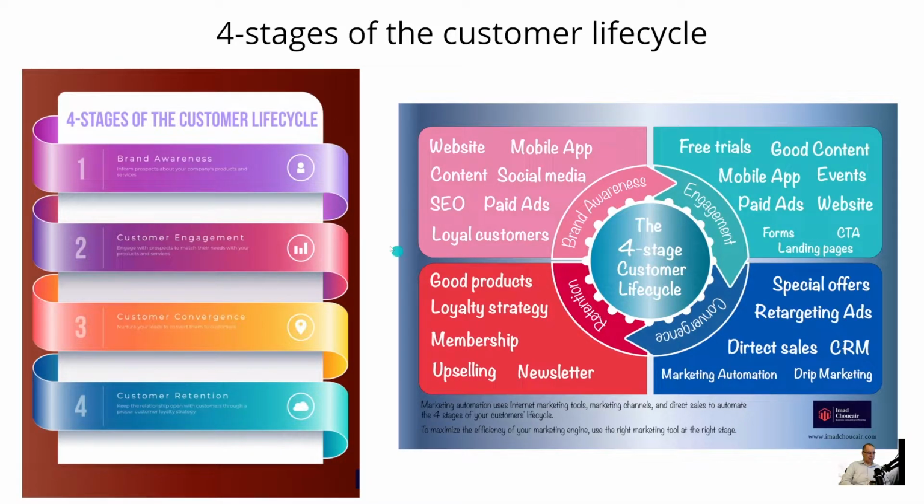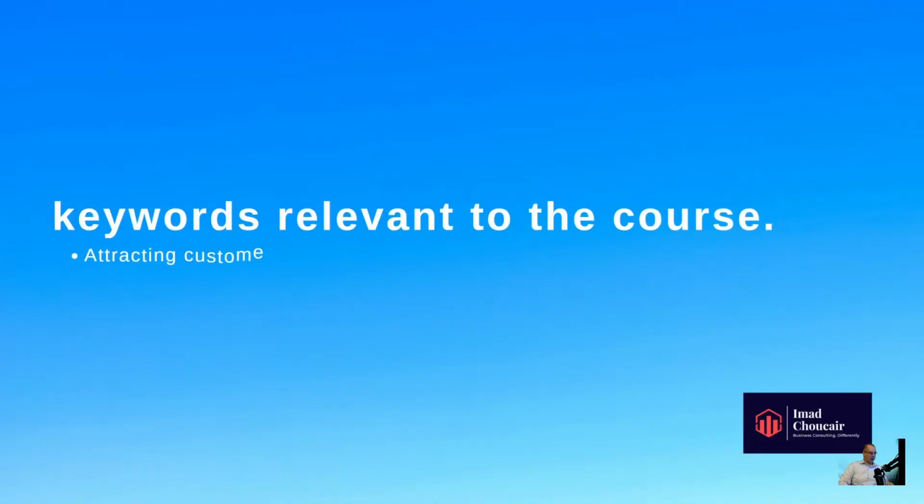The 4 stages of the customer life cycle are the methodology that we use to build and run the marketing machine in our companies. I hope you like this section.